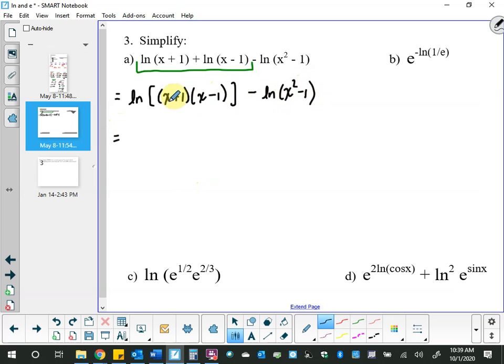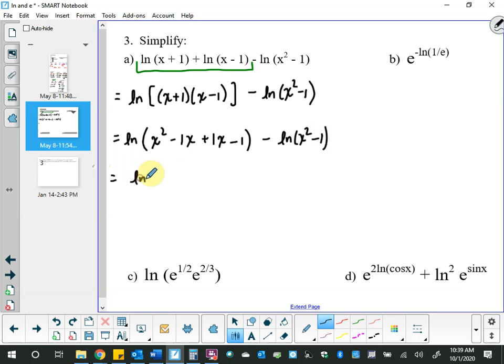I am going to take this bracket and multiply it out because I see that there's something special about this. This is like a difference of squares factored. So I'm going to multiply it out. So x squared minus 1x plus 1x minus 1 minus ln of x squared minus 1.